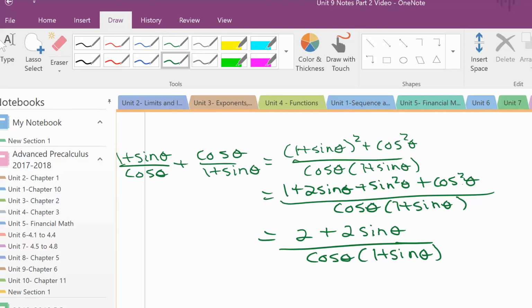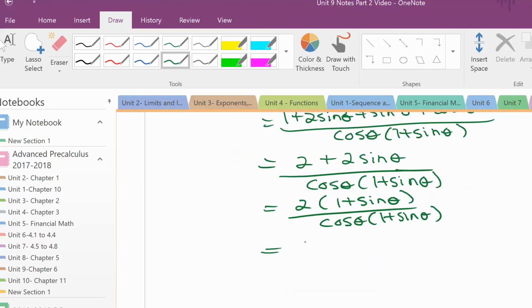And then 2 is factored out. And then notice you get 2 over cosine, which is 2 secant.